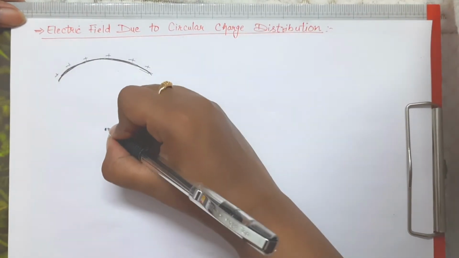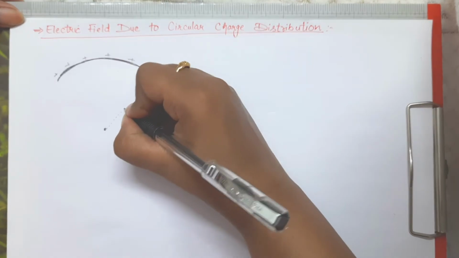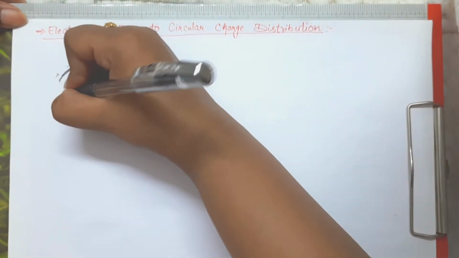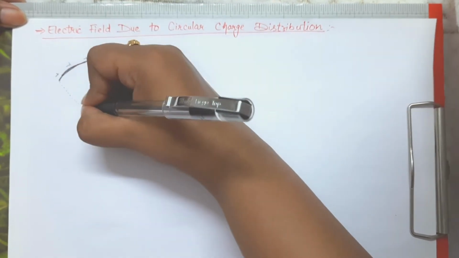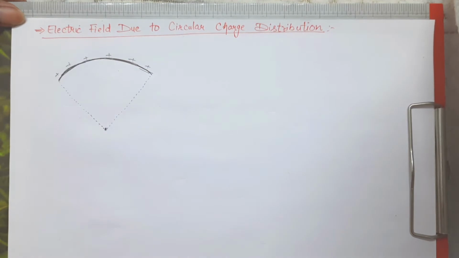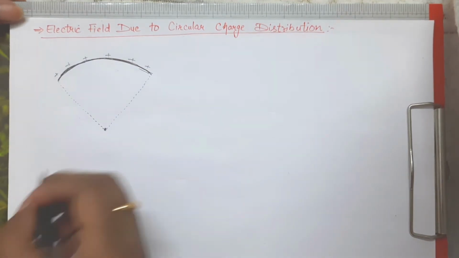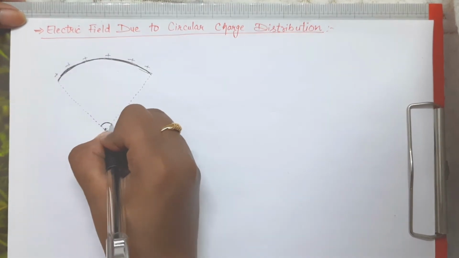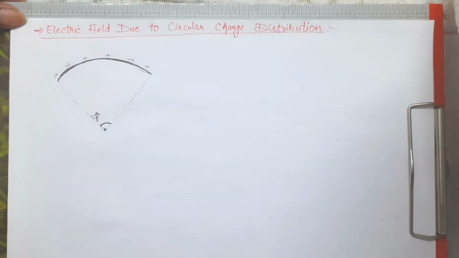Now we will join these two ends with the center, like this. Here, suppose it is having overall angle of phi. Not theta, it is having overall angle of phi.